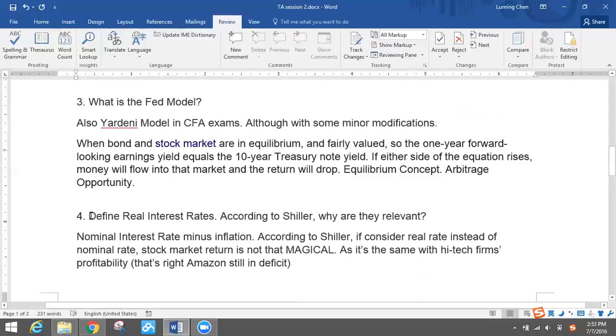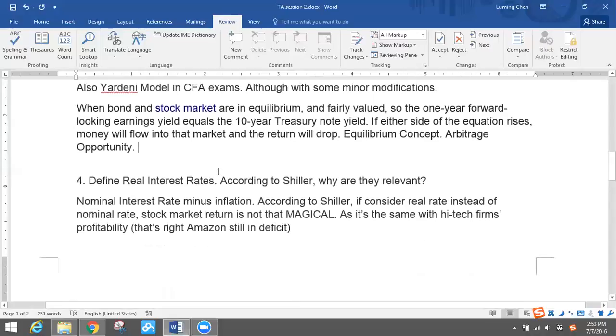Number 4, define real interest rate. According to Shiller, why is it relevant? The real interest rate is basically the nominal interest rate minus inflation.